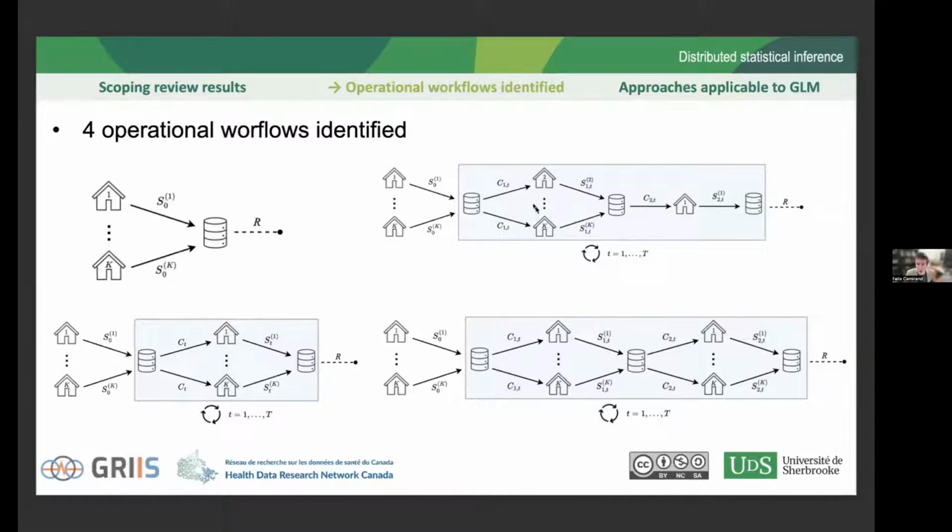In the second workflow, can you see my mouse? Yes. So in the second workflow here, there are iterations that are authorized between the coordinating center and the nodes before producing the final result.